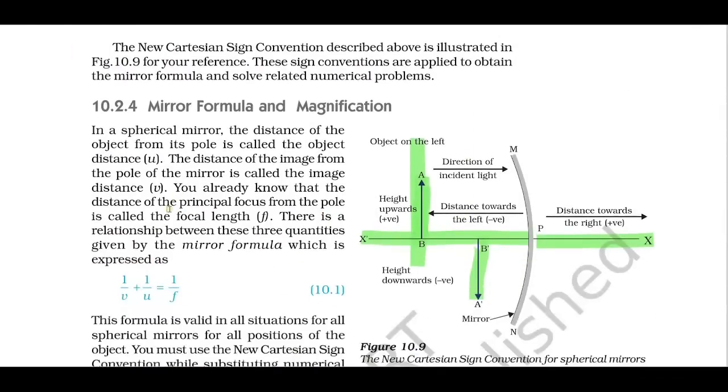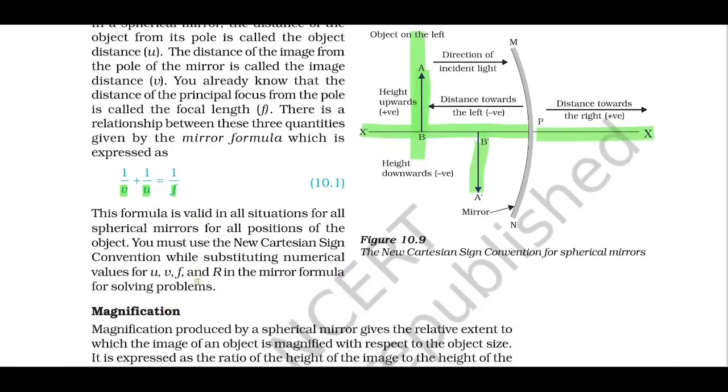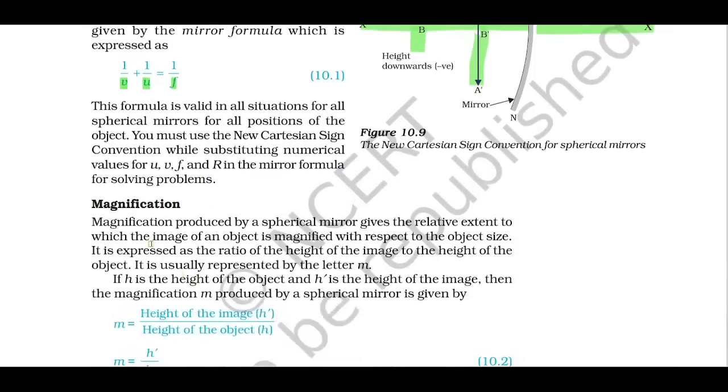The mirror formula is 1/v + 1/u = 1/f. v is the image distance, u is the object distance, f is the focal length. In the same way we have magnification. Magnification produced by a spherical mirror gives the relative extent to which the image of the object is magnified with respect to the object.